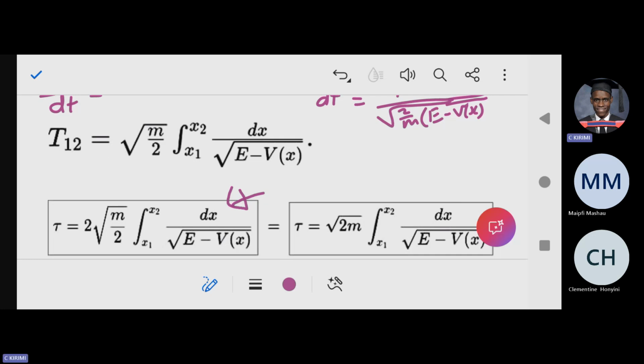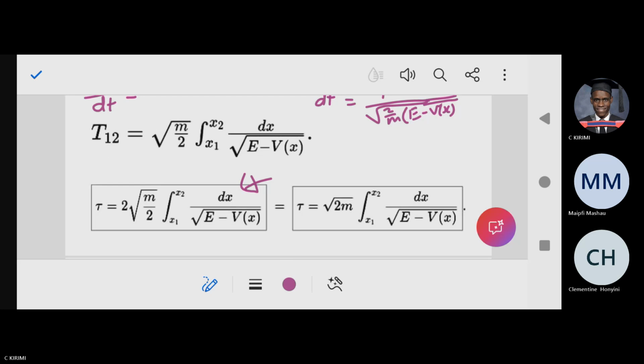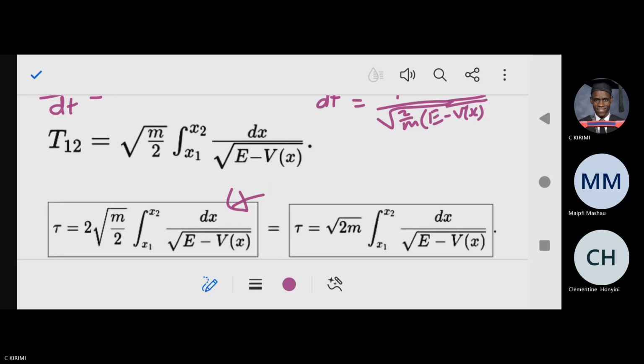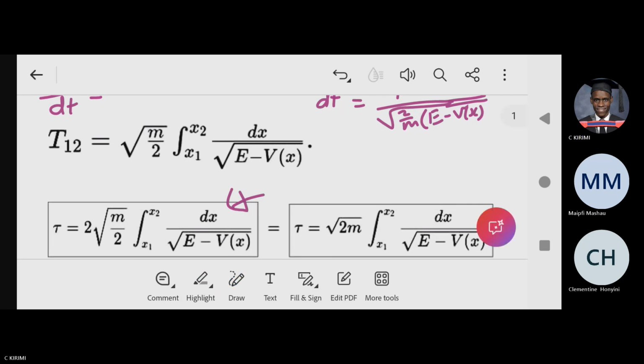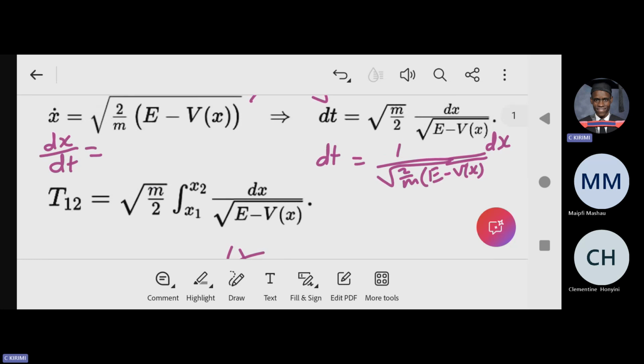From here we just introduced the limits in terms of dx.